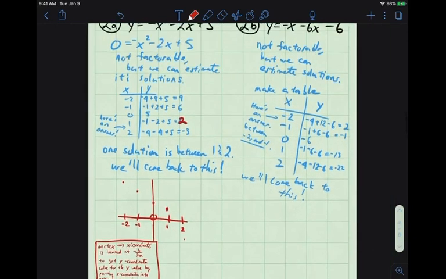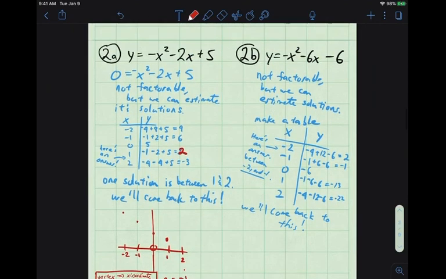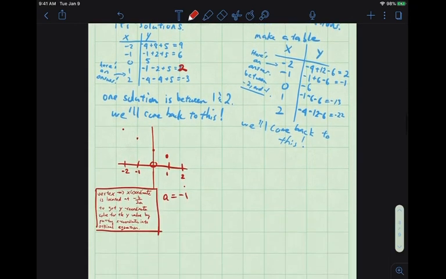So for this problem, a is -1. This thing is b. If we needed c, it would be this value, but in this case we don't. b equals -2.